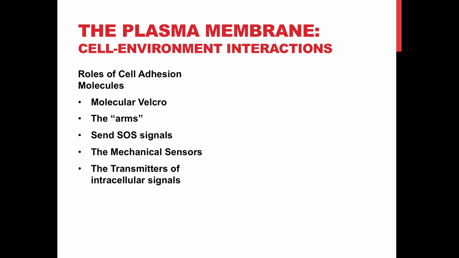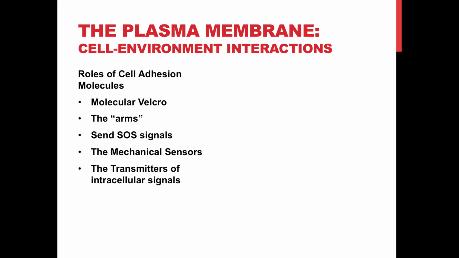Some function in contact signaling and others in chemical signaling. I'm trying to find cell adhesion molecules in the book. Okay, here we go. I kind of skipped a section.